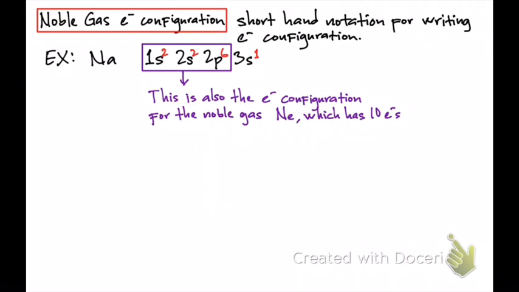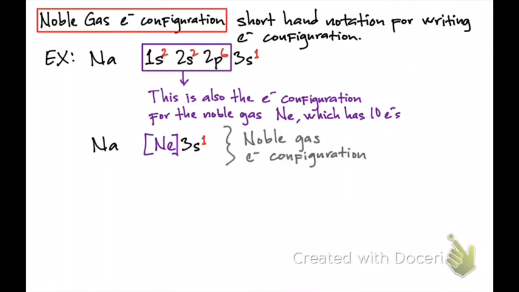So what we can do is write out the neon symbol, followed by brackets, and then the remaining sublevels or the rest of the electron configuration. So that would be the symbol for neon and then 3s1. So this is the noble gas electron configuration for sodium.